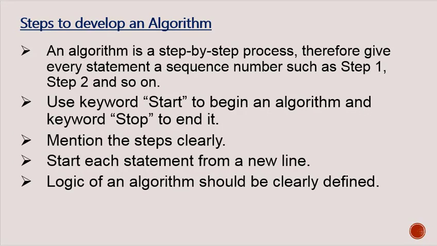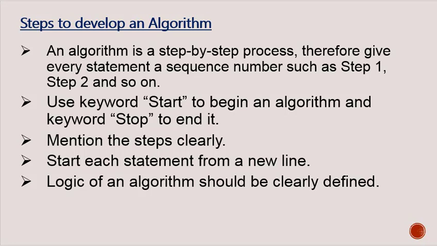So let's see how to develop an algorithm. We know that an algorithm is a step-by-step process. Therefore, while writing the algorithm, each and every statement should start with a sequence number such as step 1, step 2 and so on. We will use the start keyword to begin an algorithm and a stop keyword to end the algorithm.